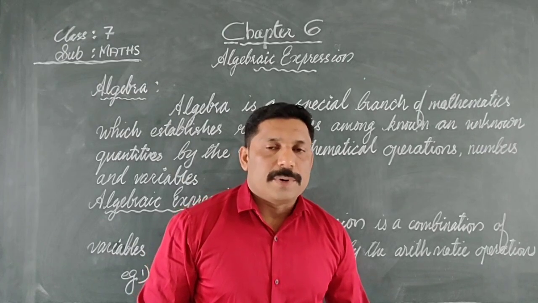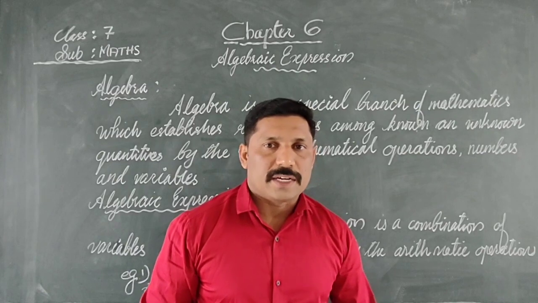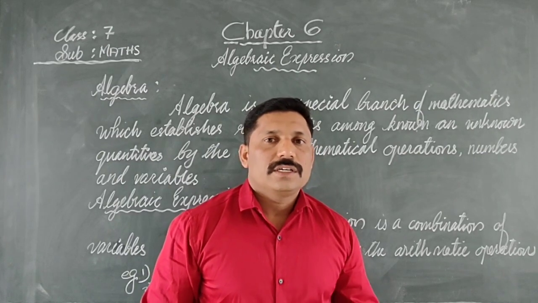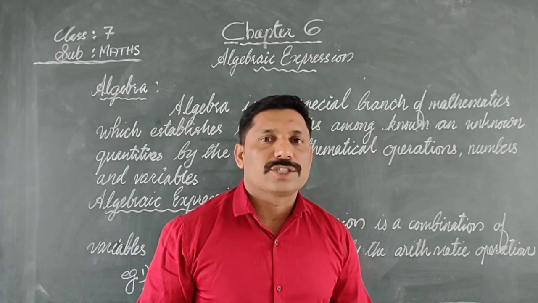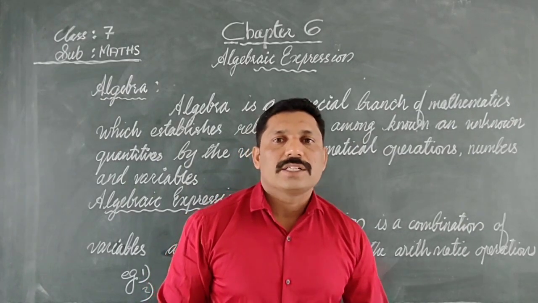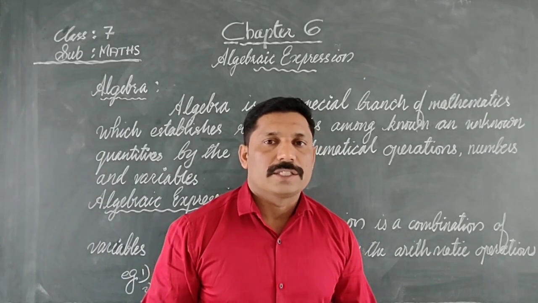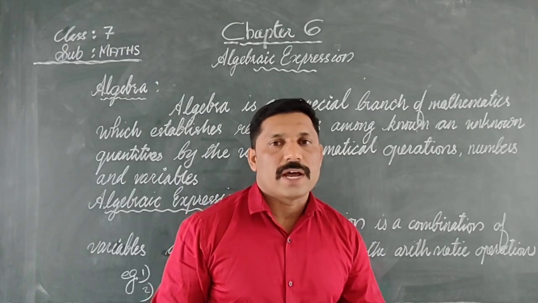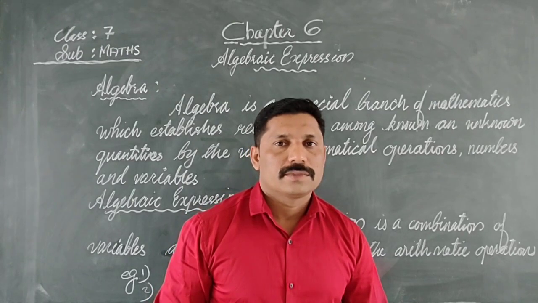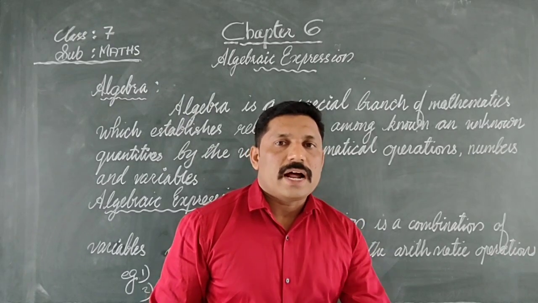What do you mean by algebra? Algebra is a branch of mathematics which establishes a relation among known and unknown quantities by the use of mathematical operations like addition, subtraction, multiplication and division. So here we use known and unknown quantities.